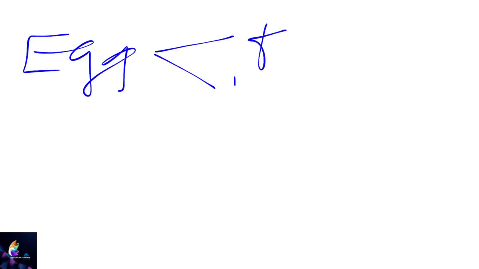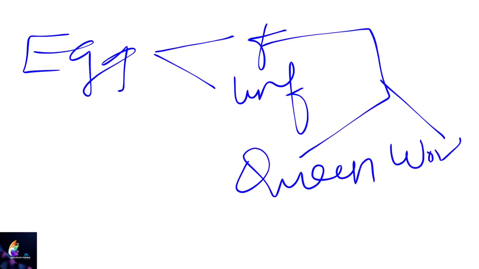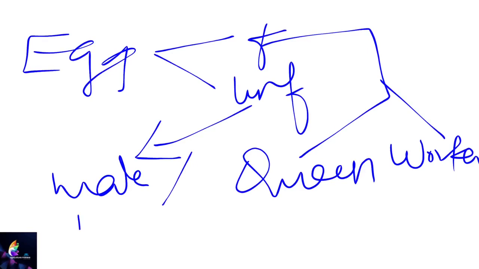Coming to the next, the castes of the honeybee. Honeybee eggs can be both fertilized and unfertilized. From fertilized eggs, the queen and worker are formed. From unfertilized eggs, the male, that is the drone, will be formed.